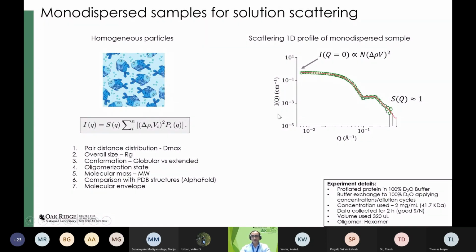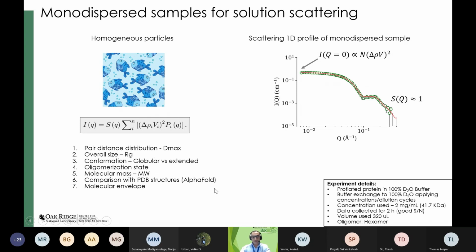From this monodisperse profile, which is the average reduced data, I can extract the information about the pair distance distribution and get the Dmax from this data, the overall size represented by the radius of gyration, and other information as well.